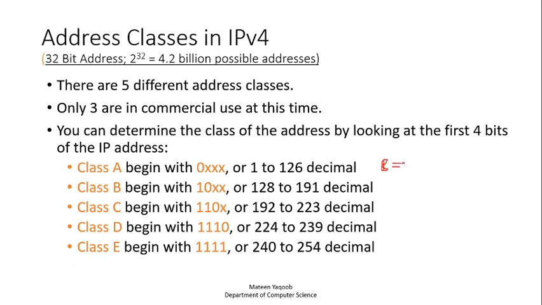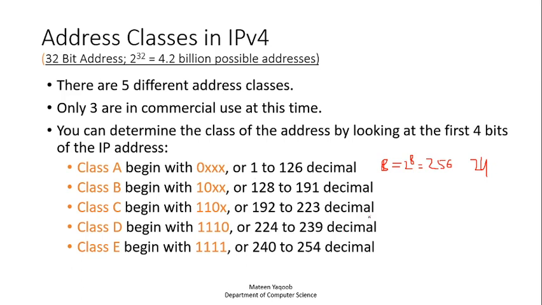This means 2 raised to power 8 routers can be accommodated, which means 256 routers can be accommodated for class A. And in class A there are 24 bits for subscriber, so that means 2 raised to power 24 subscribers can be handled.